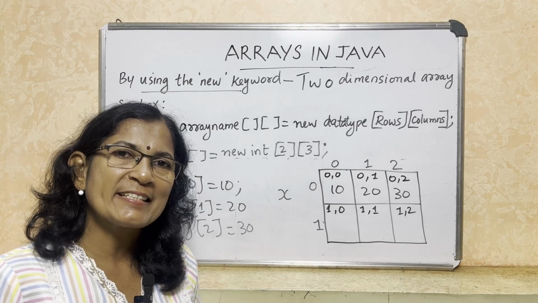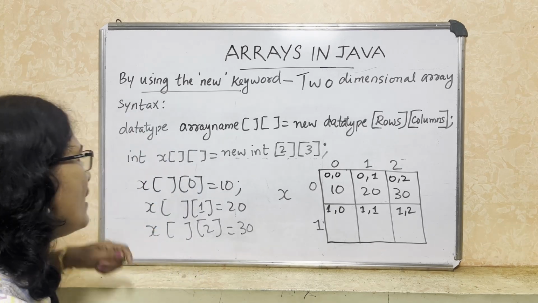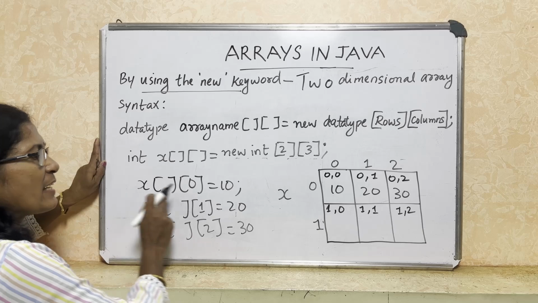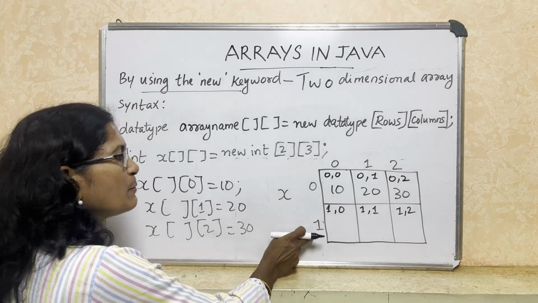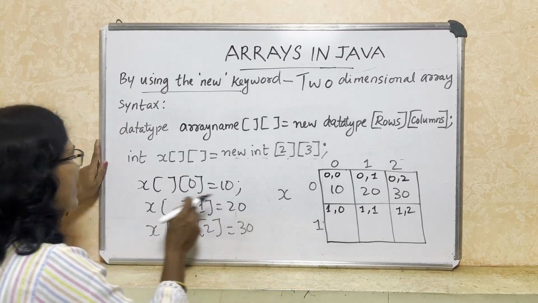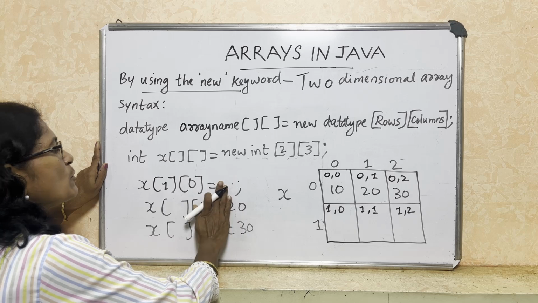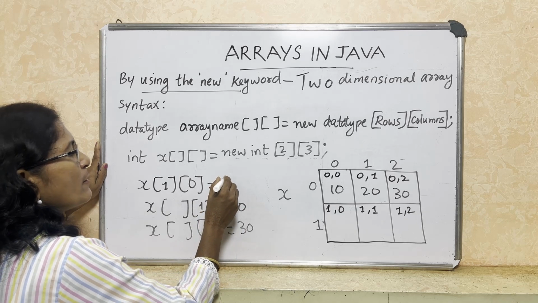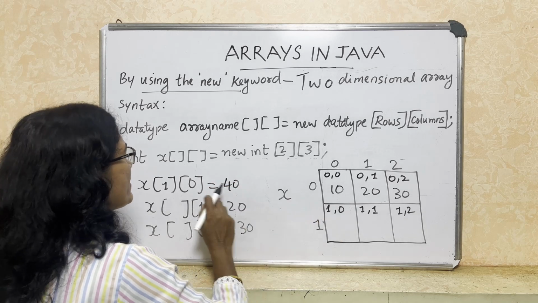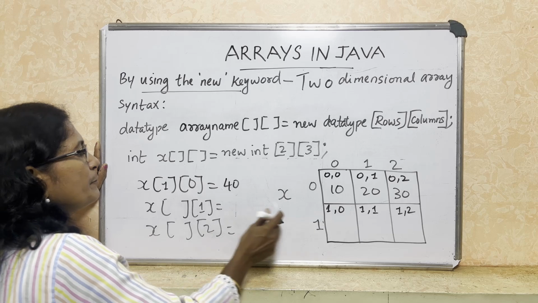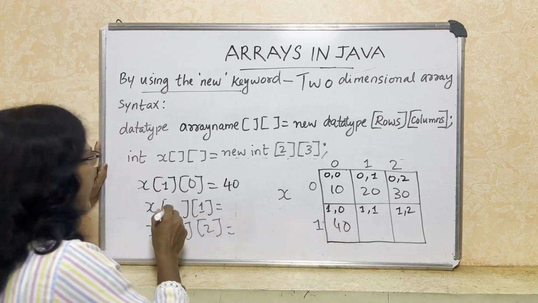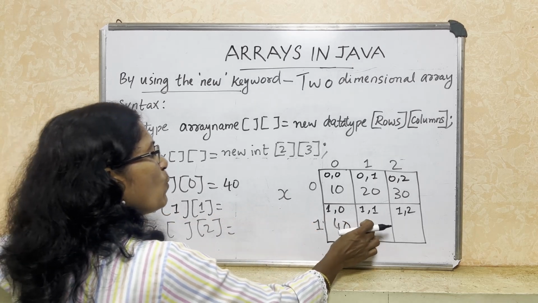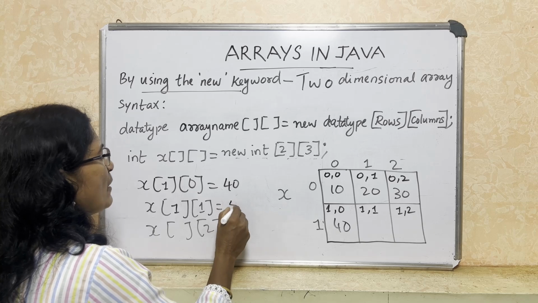Now, to store the data into the second row of this array, we can use the following syntax. The second row is identified by the index number 1. x of 1, 0 is equal to a new value, say 40. And x of 1, 1 is equal to another value, say 50.